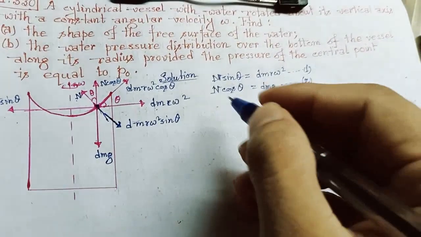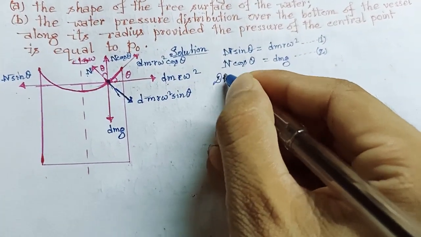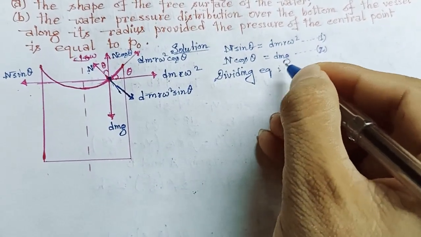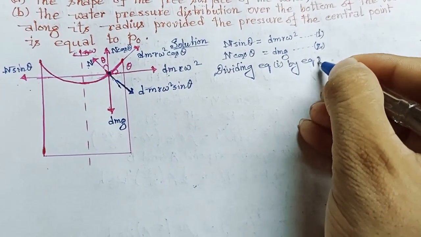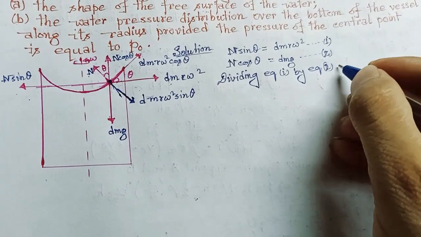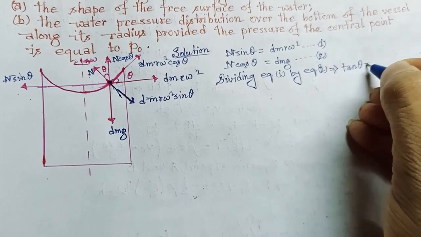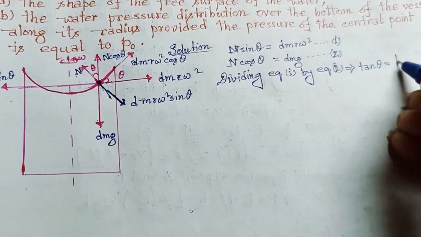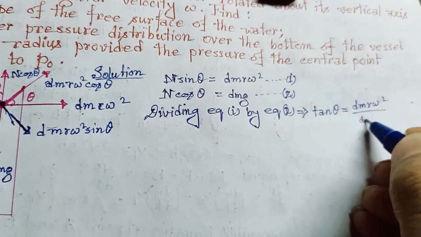Now from equation 1 and equation 2, dividing equation 1 by equation 2, it implies tan theta is equal to dm r omega square divided by dm g.